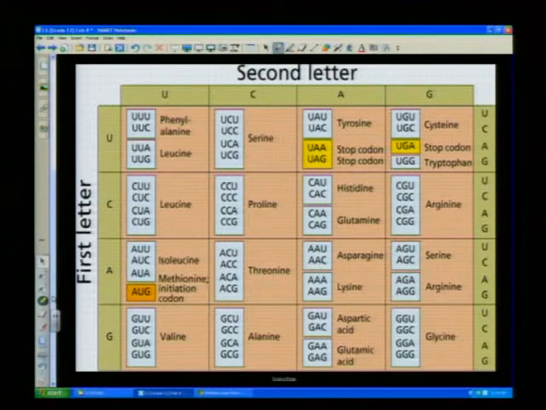All right, so watch the combinations here. My first letter is either U or C or A or G. My second letter can only ever be U or C or A or G. All right? And my third letter is either UCAG or UCAG or UCAG for each of them.